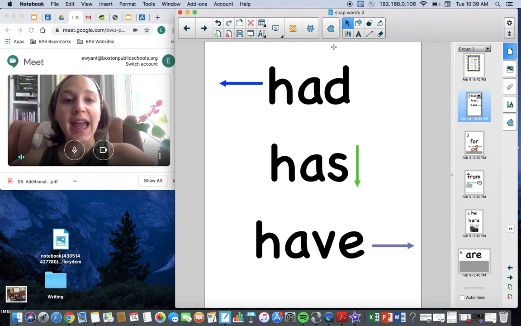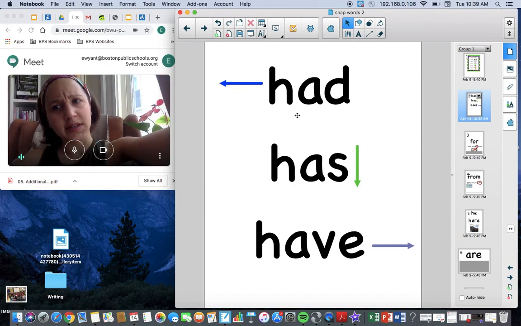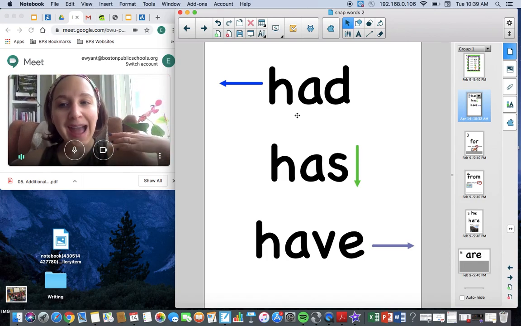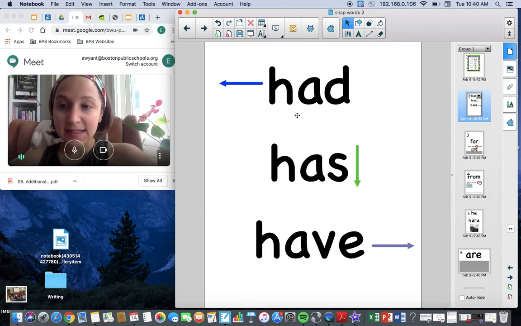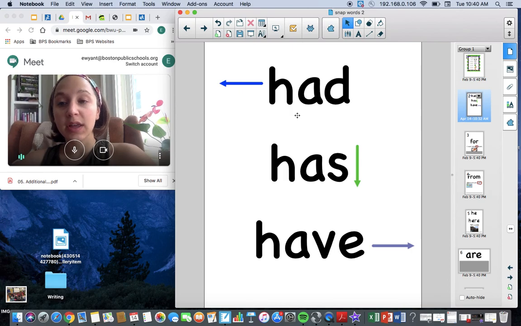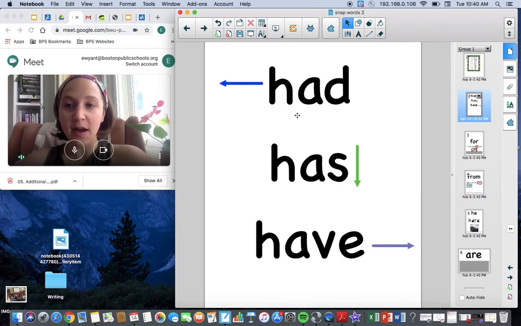The first word, had, I have an arrow going backwards there because had is a word we use in the past. Like when my mom was little, that was a long time ago, my mom had a bird. Had. That's something that happened in the past. The word has is something that we would use if we're talking about something someone has right now. Like Miss Wyant has 2 dogs, Dory and Chupa. I have Dory and Chupa right now.